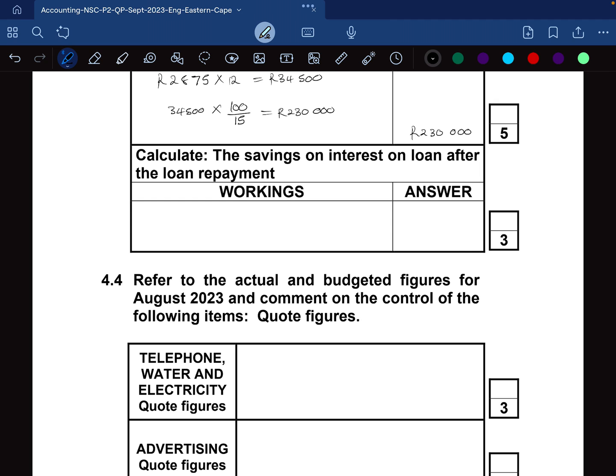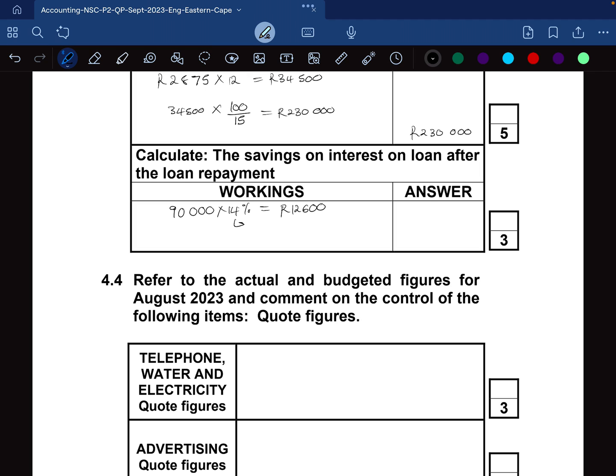Okay, so we know that we will repay back 90,000 multiplied by 14%. So this would be the interest that we're saving, 90,000 multiplied by 14%, which is 12,600.